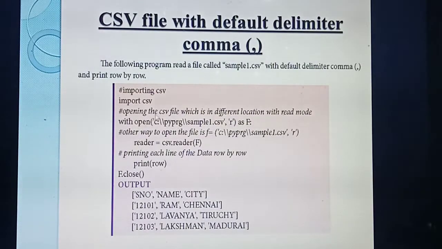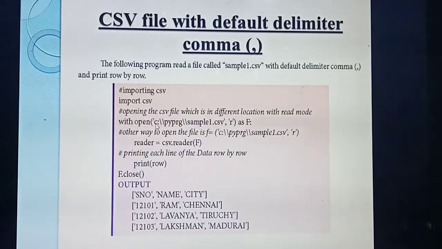You should specify the path, from which location you are going to open the file. Already you have stored a file in some location, isn't it? Normally all these CSV or Python files are stored inside the folder pyprg, inside Python, which is located inside C drive.